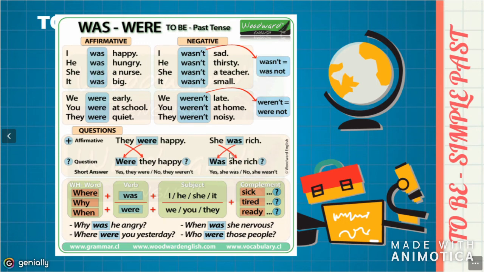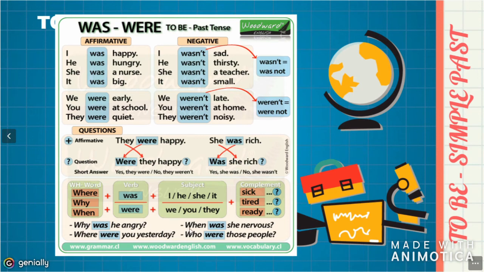Pregunta cerrada. Y acá, en las preguntas abiertas, aparecen las WH, el verbo, pero no en forma base, el verbo conjugado. To be aparece conjugado. Subject y un complement en las preguntas abiertas, ¿cierto? Por ejemplo, why was he angry?